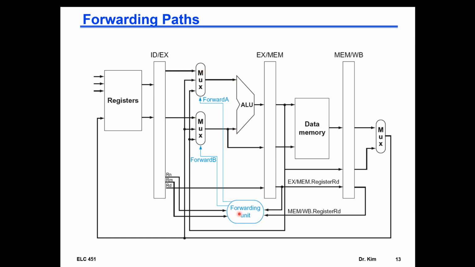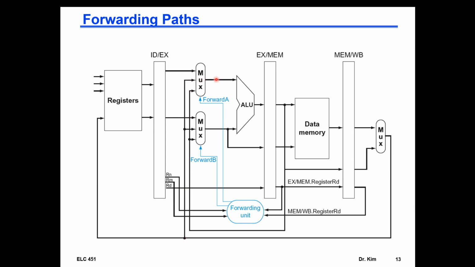Okay? If we have to forward, let's just call this output forward A. If we are to forward for A, we have two possible conditions. We can forward from the write back stage, so we have here from the write back stage.